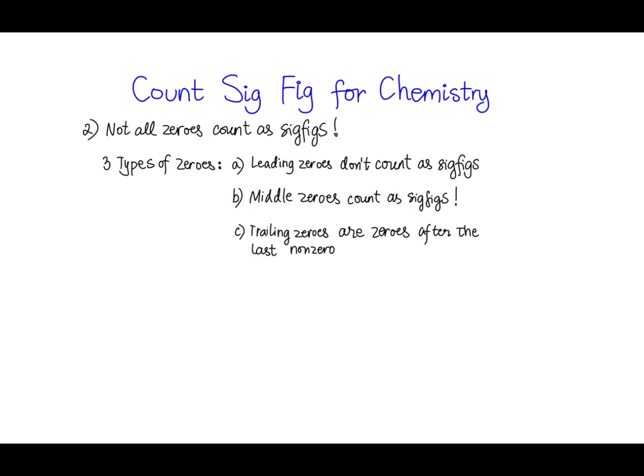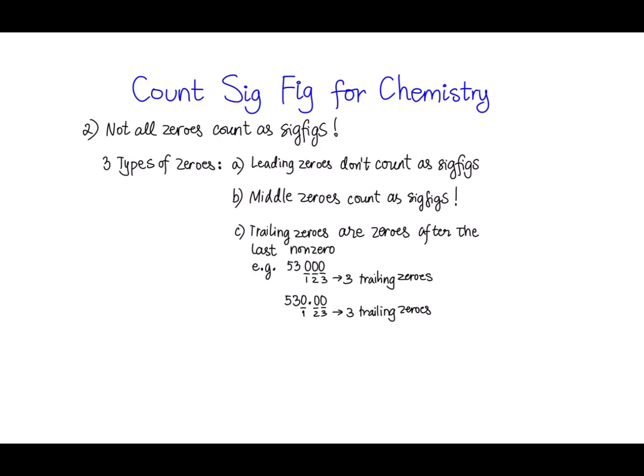The last type of zeros are called trailing zeros. Trailing zeros are zeros found after the last non-zero digit in the number. So for example, if you have 53,000, then the 3 zeros after the number 3 are considered trailing zeros. Another example would be 530.00.